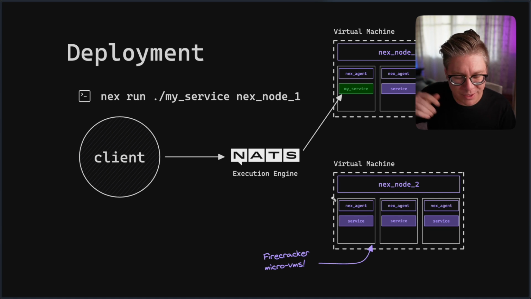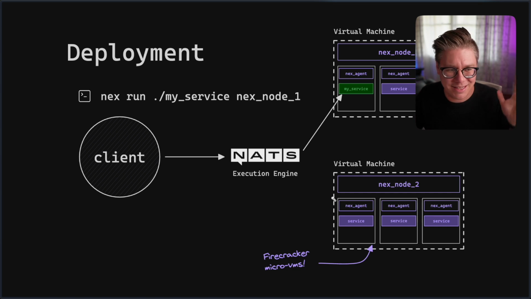We're talking you need to run a NATS server and you need to run a Nex node, and you're pretty much there. So I think this is a really beautiful way to wrap up how much more simply you can create a full microservices architecture end to end.